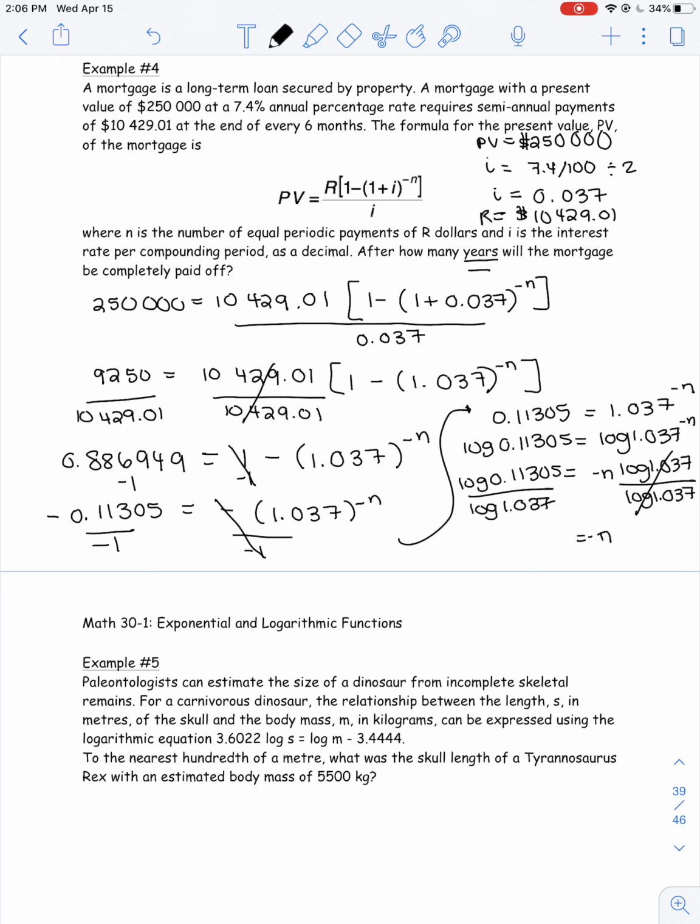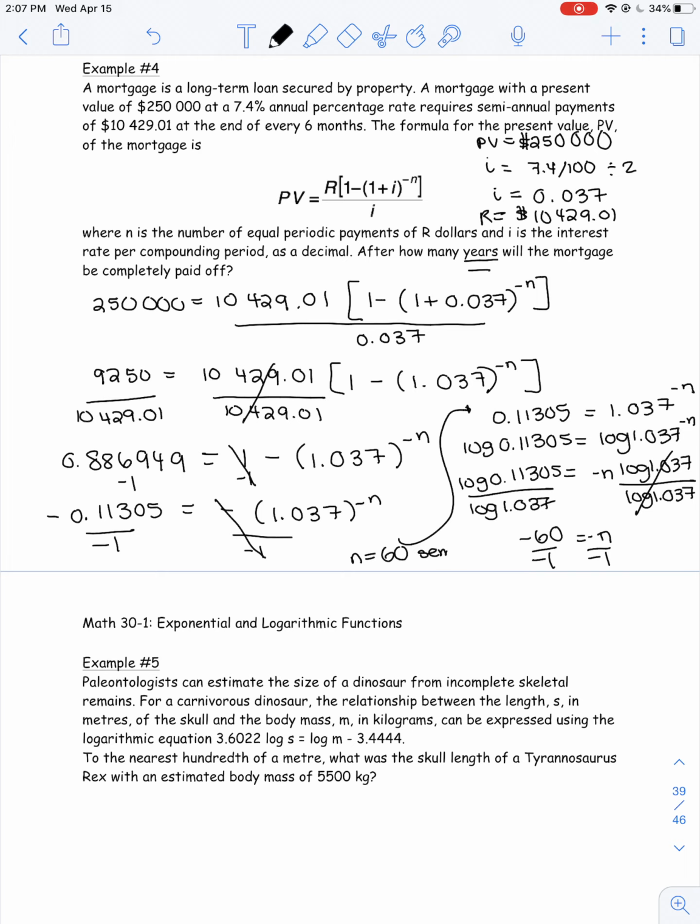Negative n is equal to, so I'm going to put that in my calculator. I'm going to go log 0.11305 divided by log 1.037. So I get negative 60, but remember we're going to bring that negative to the other side by dividing by negative 1. So that means that n equals positive 60.